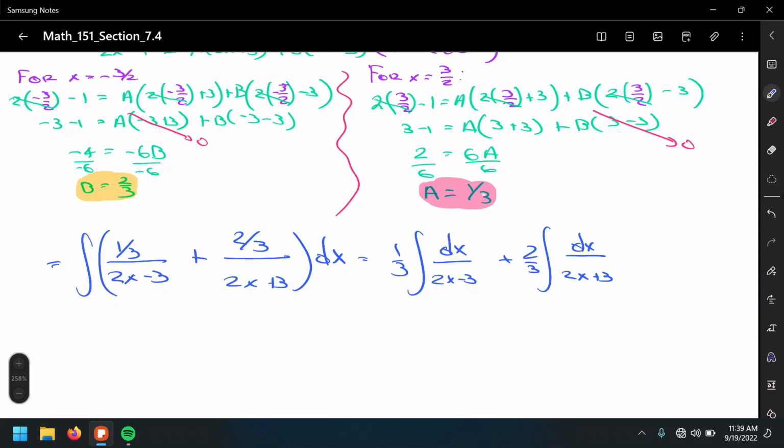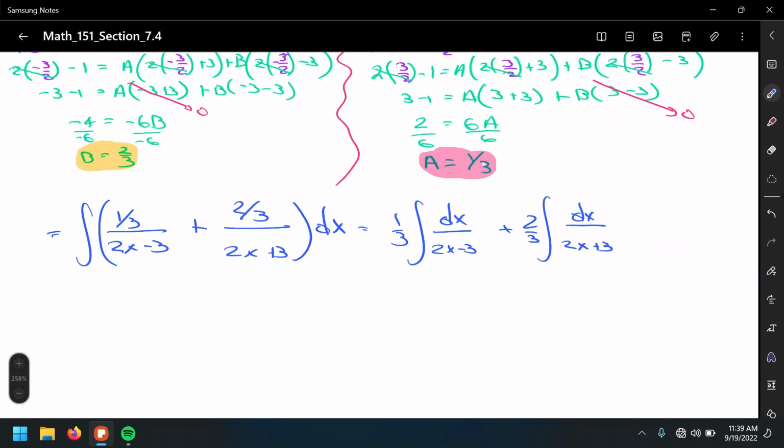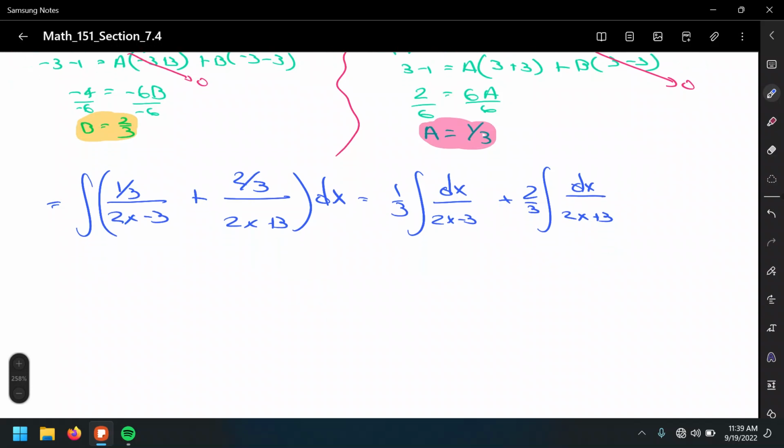All right. Well, I think these two integrals are simple to evaluate, so no need to show the u du. I'll elaborate on that in a second. So here I'm just going to go 1/3, space, ln of 2x minus 3, plus 2/3, space, ln of 2x plus 3. What's the space for?